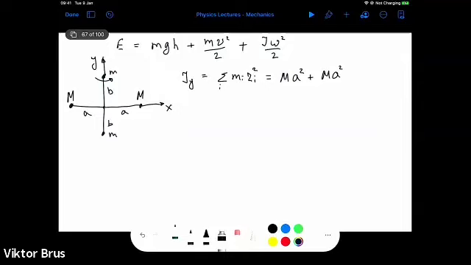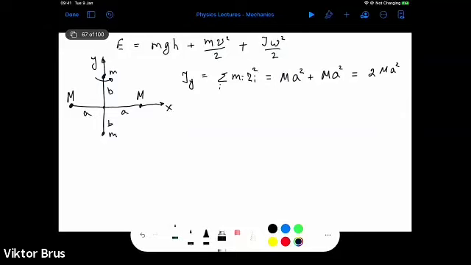So masses m along axis Y will not contribute to the moment of inertia for rotation about axis Y. And this is equal to 2 capital M a squared.